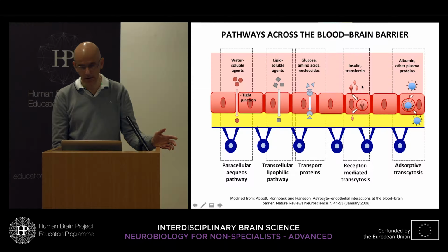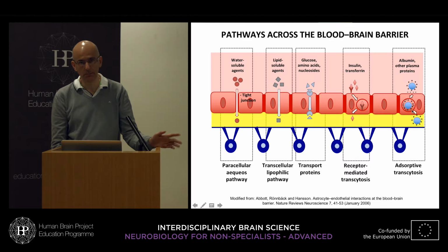Larger molecules like insulin, transferrin use receptor-mediated transcytosis, shown schematically here, where you have the transferrin receptor binding to transferrin, which is picked up by the endothelial cells and then transported to the other side. Albumin and other plasma proteins are transported by absorptive transcytosis, shown here in a similar way.